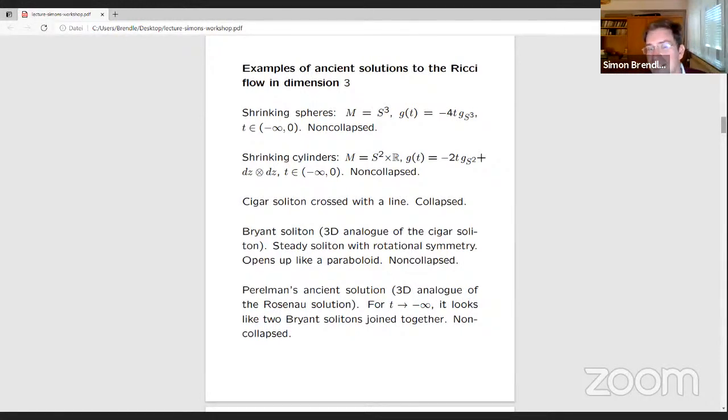Okay, now the next example, this is the 3D analog of the cigar soliton, and this is a steady soliton which is rotationally symmetric. Finding this is quite a subtle problem. You have to understand very carefully a complicated ODE, but this was constructed rigorously by Robert Bryant.